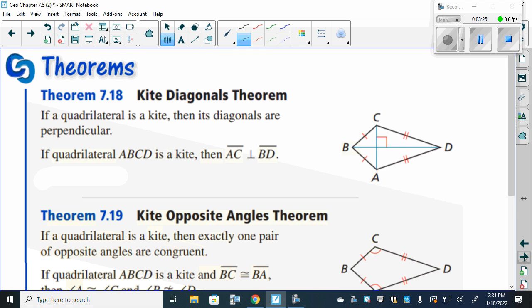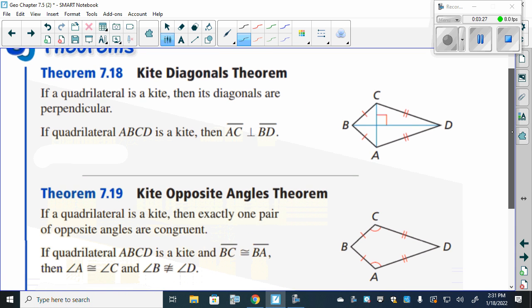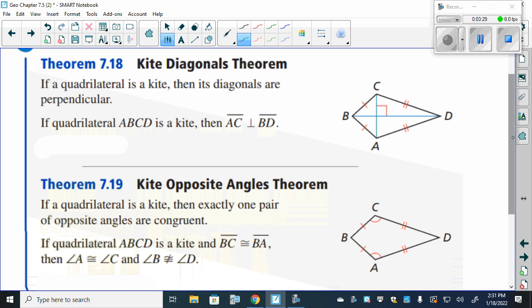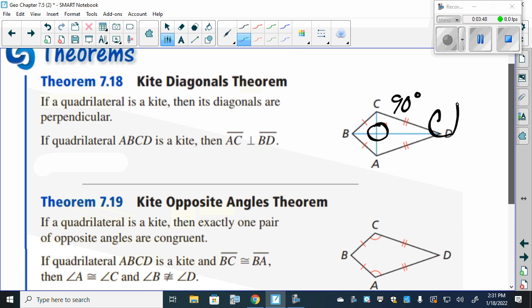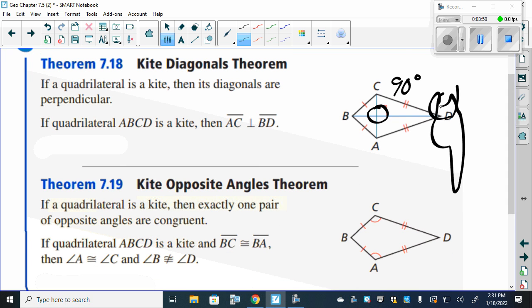Okay. Well, there are two main properties that we have with kites. The first is that the diagonals in a kite are perpendicular. They're perpendicular to each other. So that means the angles in the center are all going to be 90 degrees.